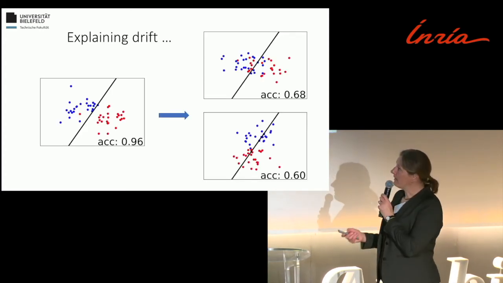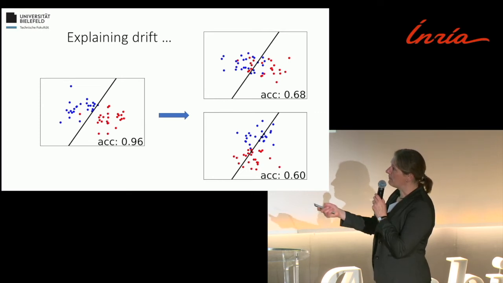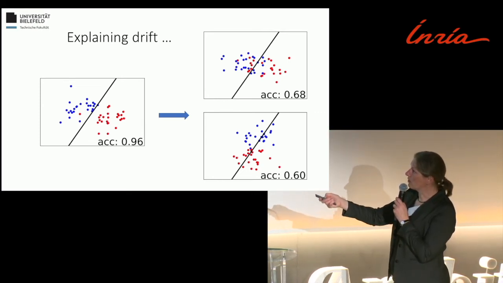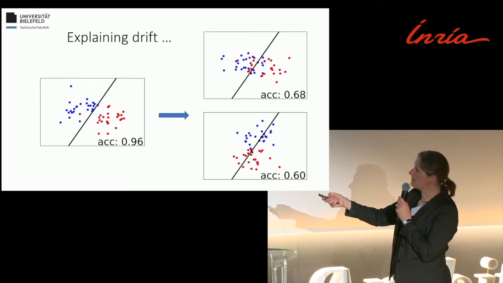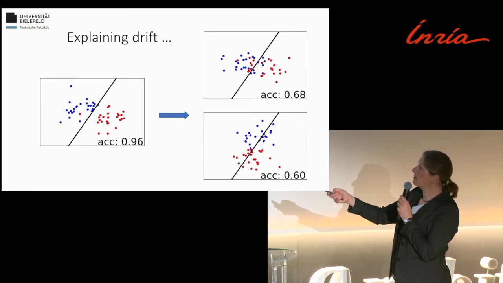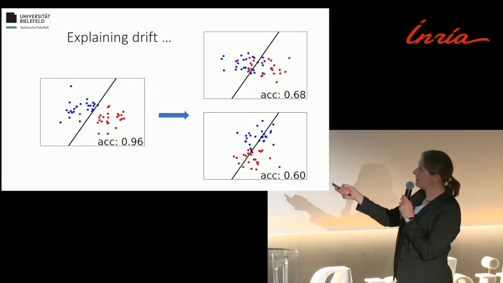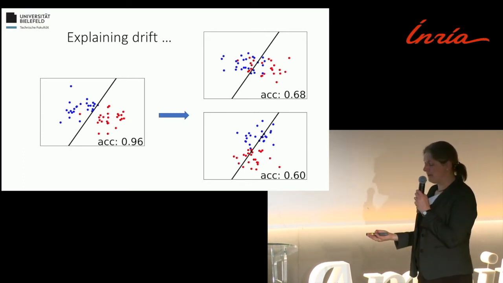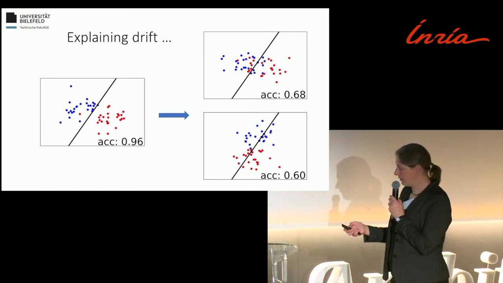Let me motivate why this might be a problem. Assume you have at time point t0 such a model with a decent accuracy of 96%, and at a later time point your model accuracy drops to a little bit more than 60%. Then you might have very different setups causing this drop of accuracy.